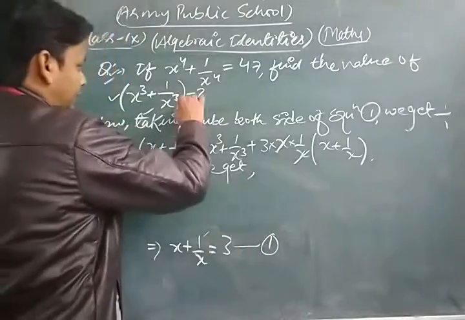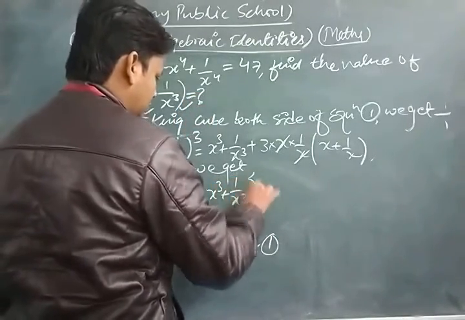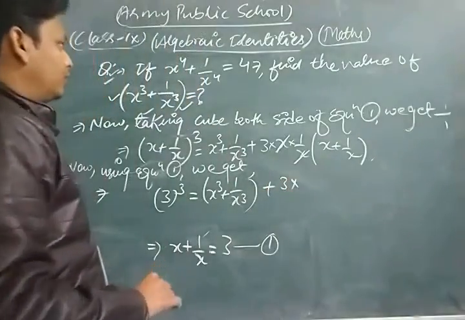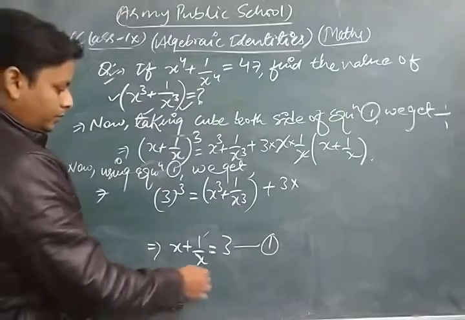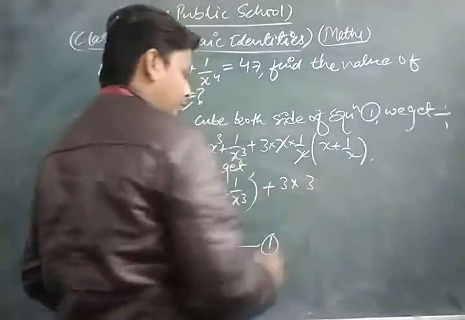We find that value, and plus 3 into x plus 1 upon x. The value of x plus 1 upon x is what, 3. We just put 3 here. Now we simplify them.